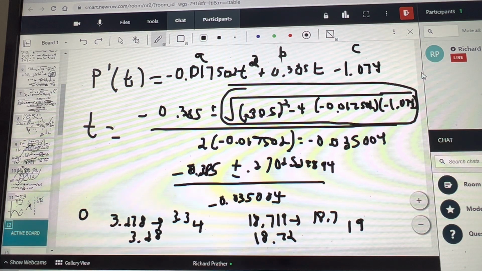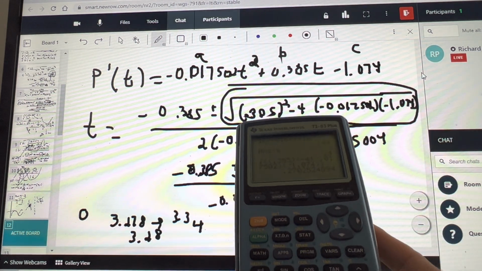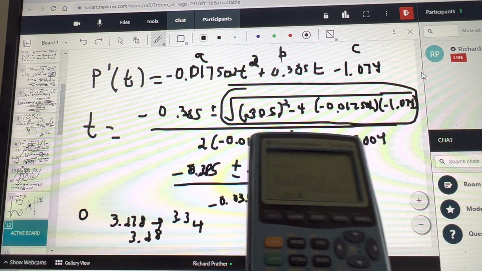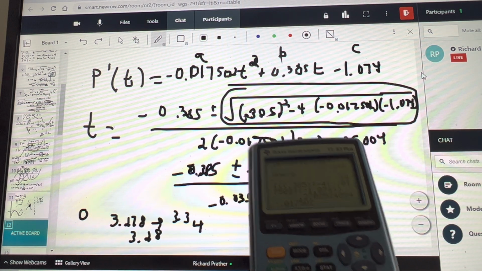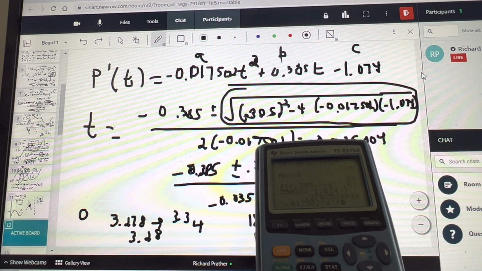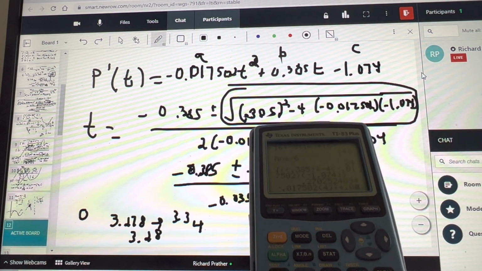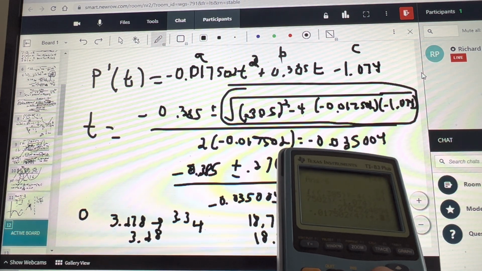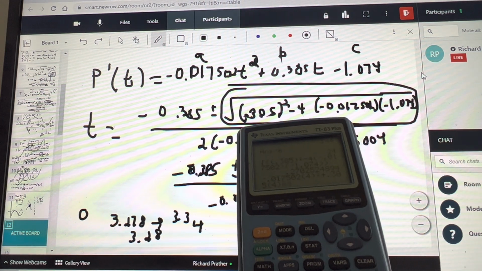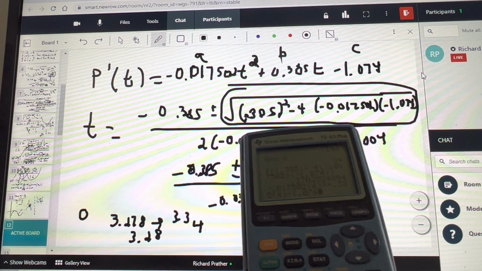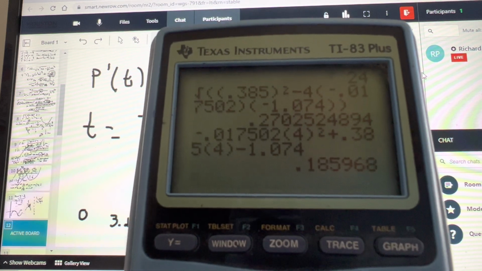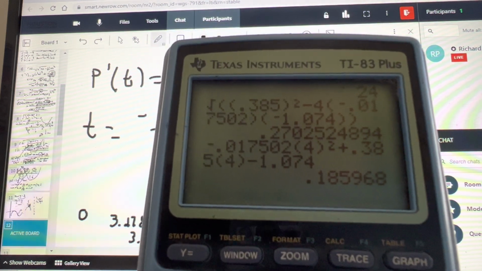And with a graphing calculator, that's not bad. Negative 0.017502, I'm not going to do the 0 first because that's easy, 4 squared plus 0.385 times 4 and minus 1.074. So I plugged in 4 into the derivative function and I got a positive. I don't care about the value, just the positive.